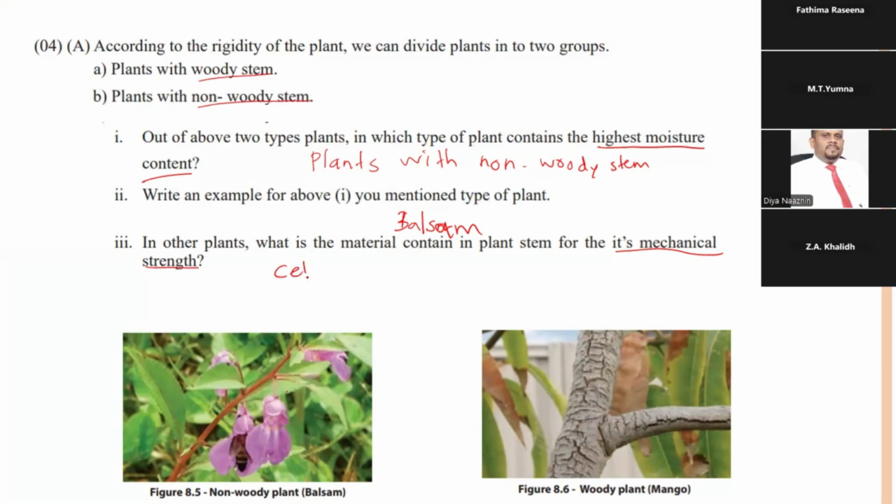Okay, so you want to know here the two things, cellulose and lignin. We are classifying these two, the plants with the woody stem and plants with non-woody stem, based on the moisture content, and next about their mechanical strength.